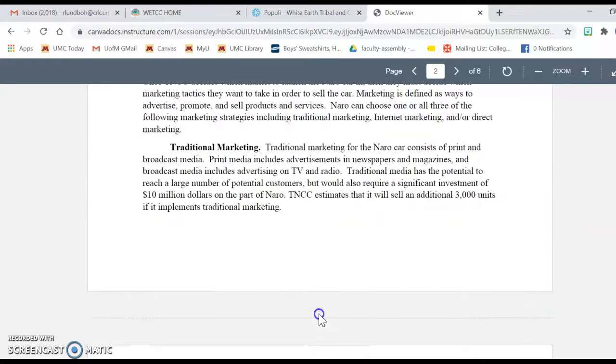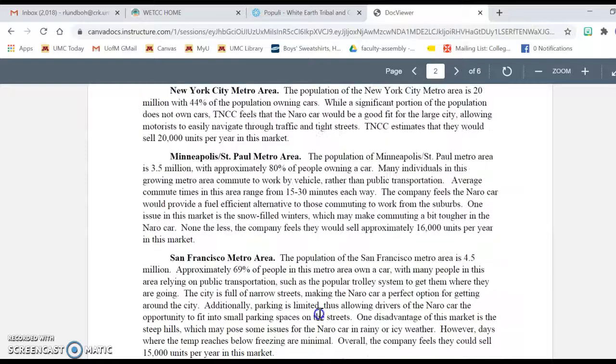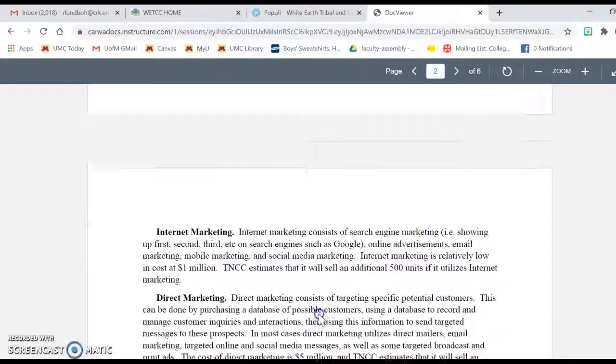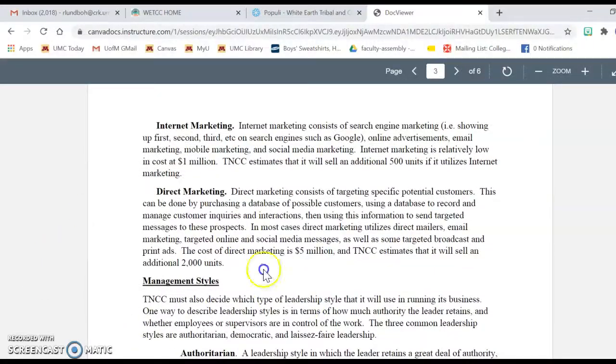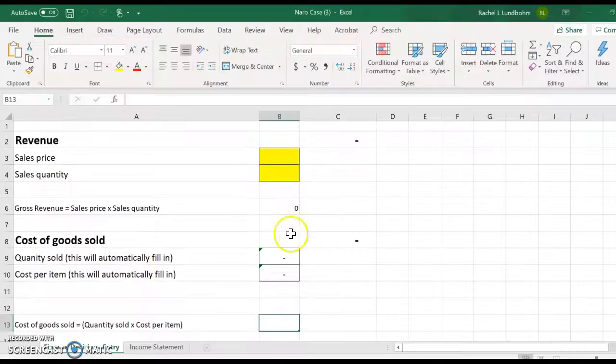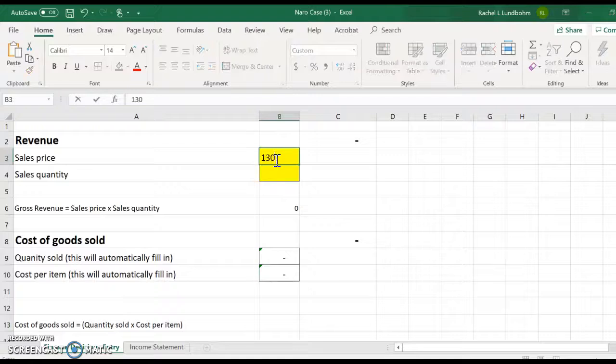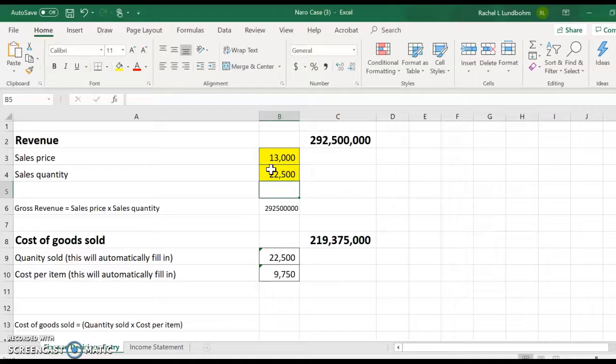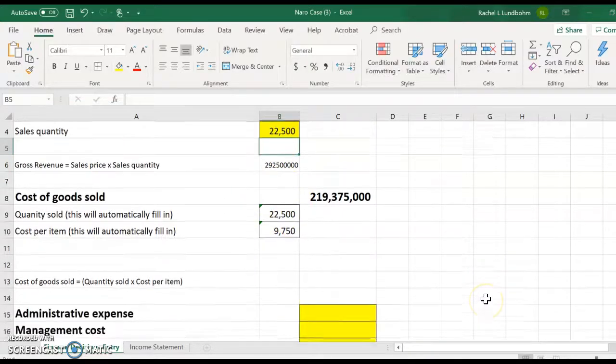So I'm selling in New York, which is 20,000 units, but because of my marketing, I can add 2,500. So I'm going to sell 22,500 units. So it's $13,000 for the sales price that we found out. It's 22,500. Your cost of goods automatically fills in.